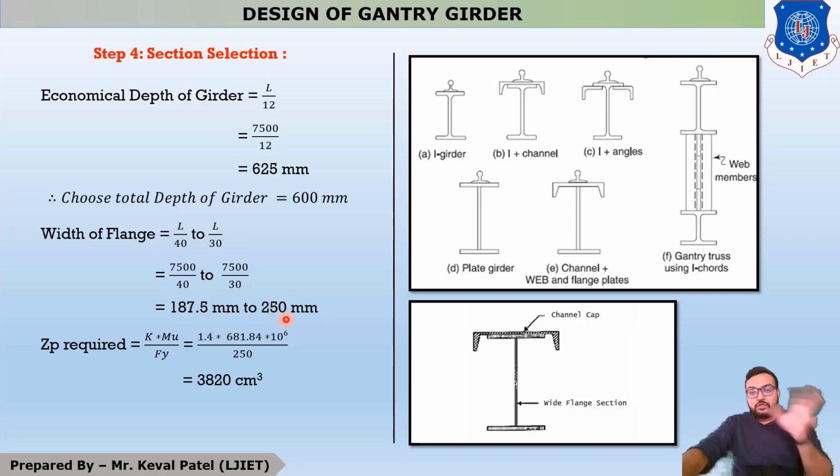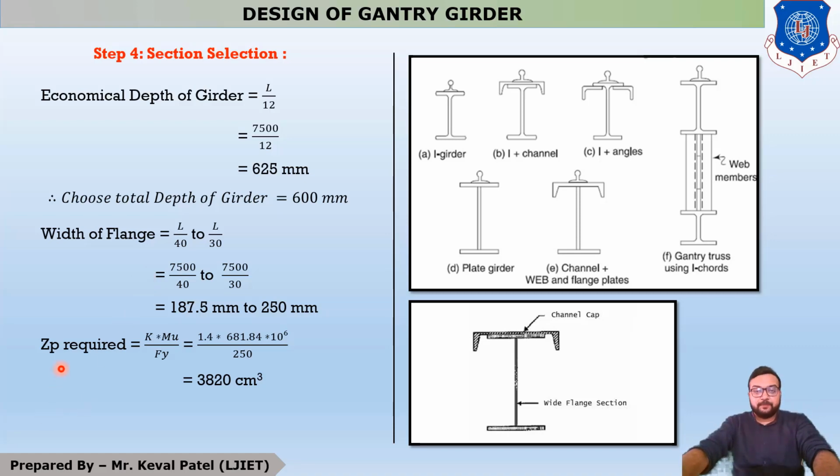It means you have to select your main section, main girder, which is I girder, having the total depth less than 625 mm. This is economical depth, and you all know that if you are providing smaller depth, then your buckling is safe. Okay, and the second one is width of flange. It means you have to provide your I section's width in the range of 187.5 to 250 mm.